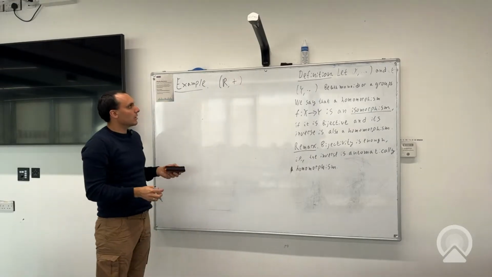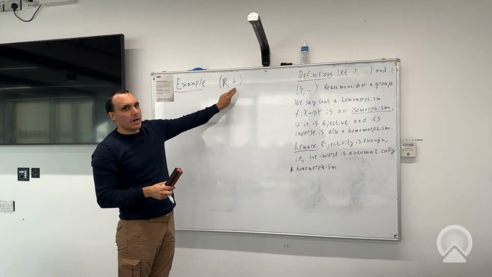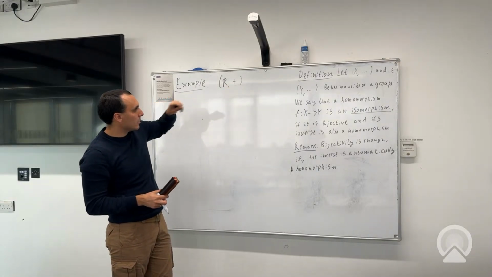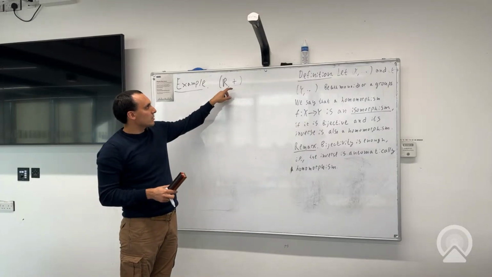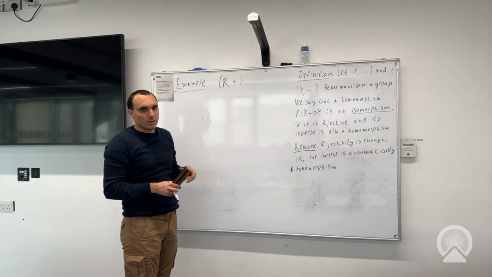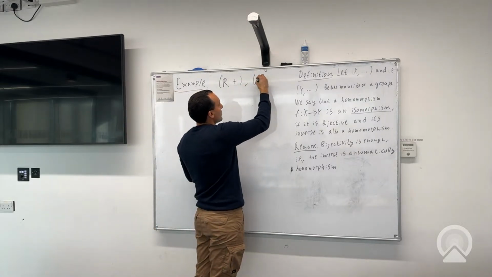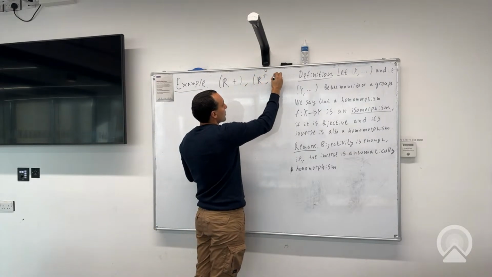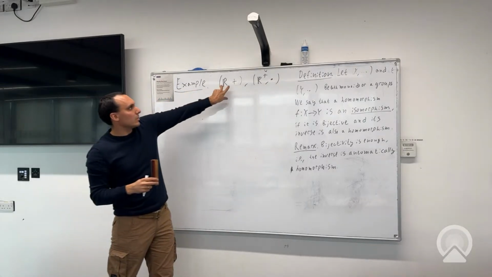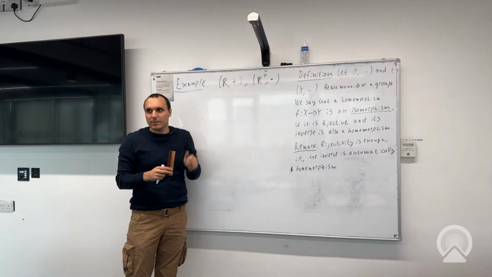The rest is determined from addition. Usually people just say the binary operation. I think I said that earlier in the previous lectures. The identity and the inverse come naturally. And the positive real numbers with multiplication. So what is the isomorphism between the real numbers with addition and the positive real numbers with multiplication?